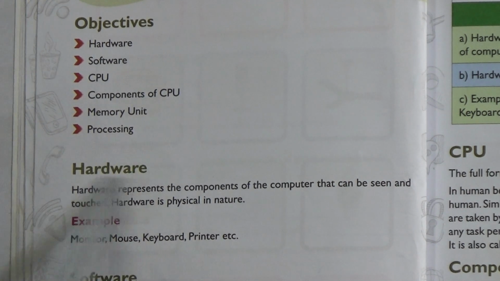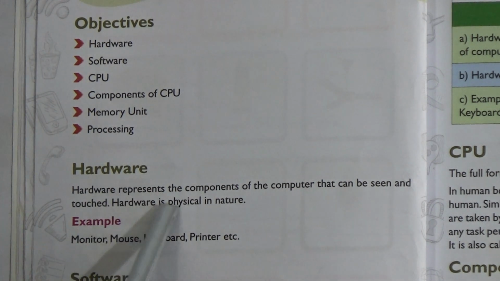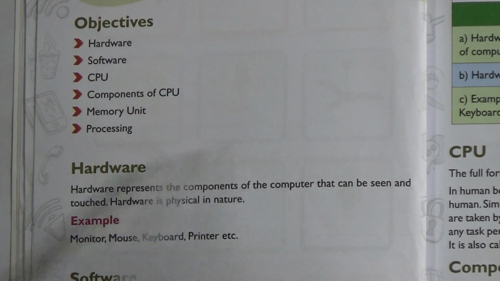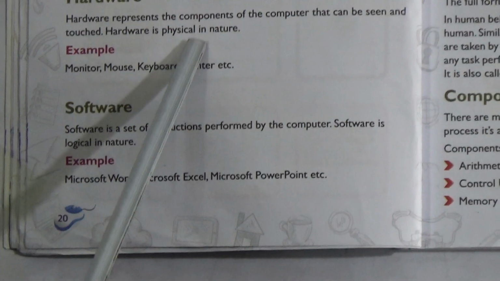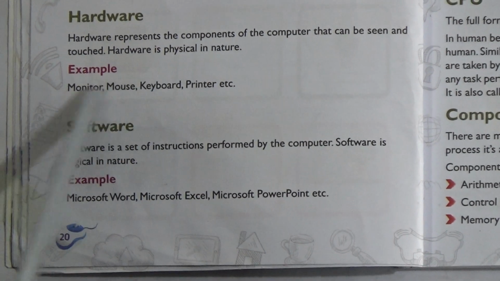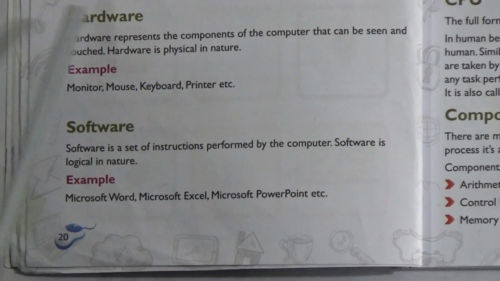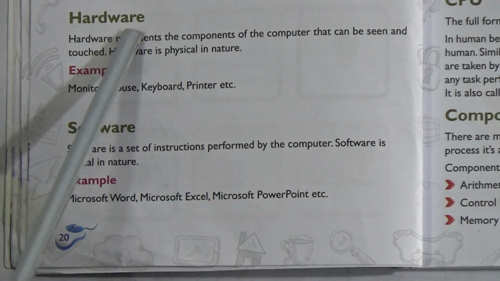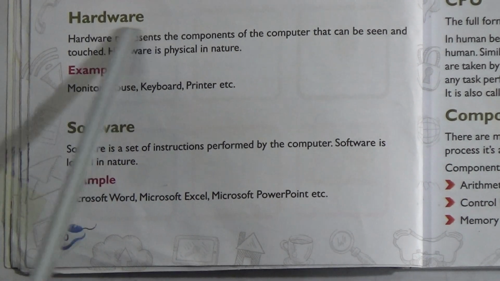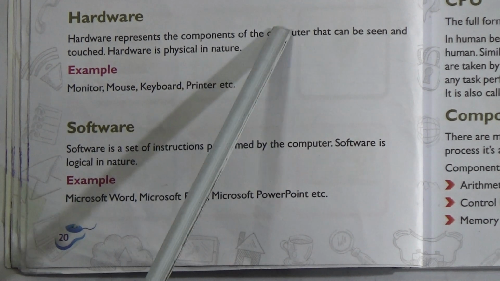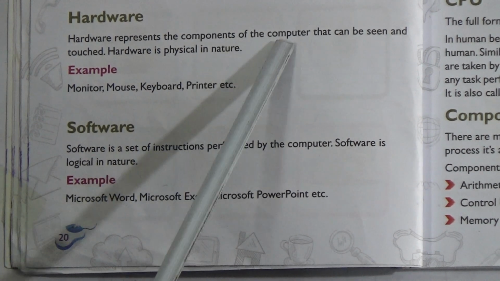Now first one, hardware. Hardware represents the components of the computer that can be seen and touched. Hardware is physical in nature. Example: monitor, mouse, keyboard, printer, etc. Student, hardware refers to any parts of a computer that we can touch and we can see.